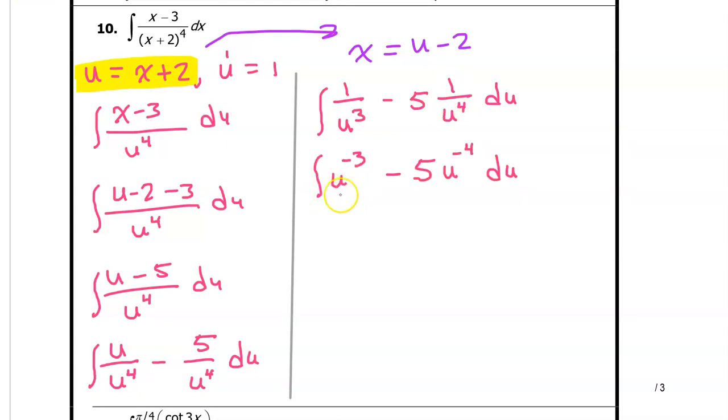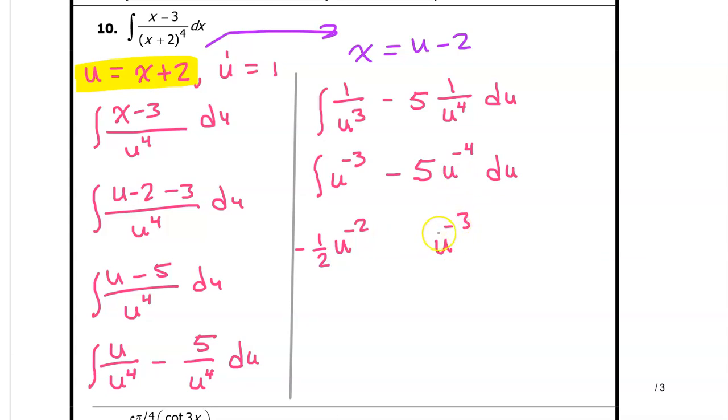This is the same as the integral of u to the negative 3 minus 5 times u to the negative 4 du. Using the power rule of integration, we add 1 to this exponent, and we get u to the negative 2 power. Then we divide by the new exponent, so we have negative 1/2 in the front. Adding 1 to this exponent, we have u to the negative 3 power.